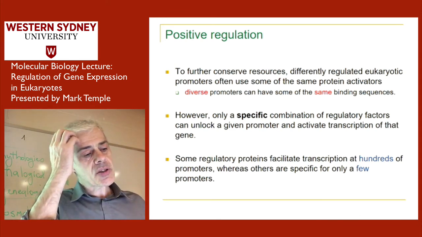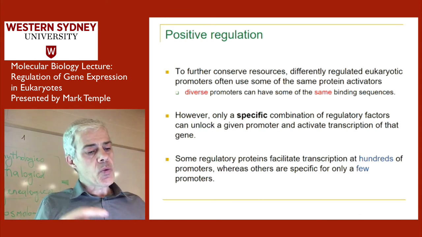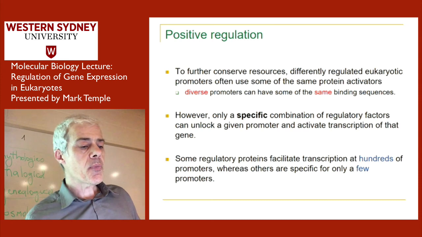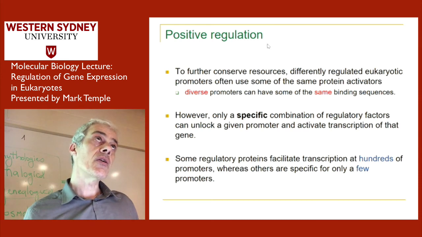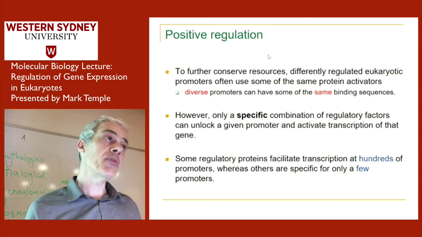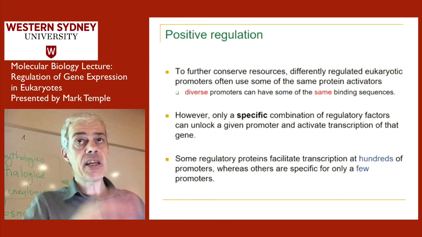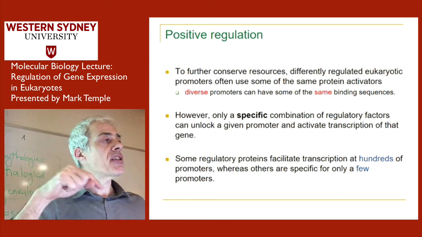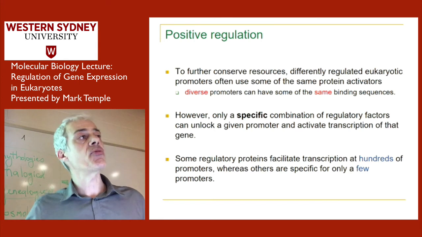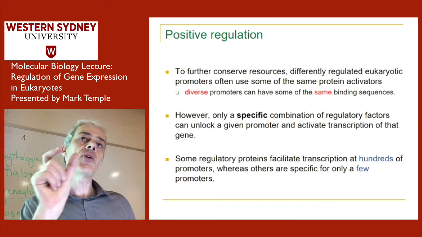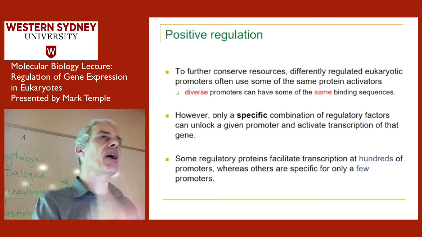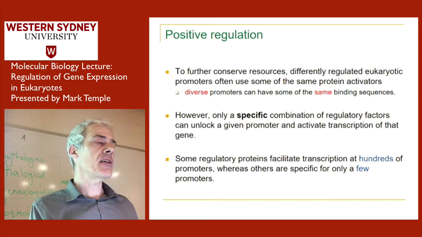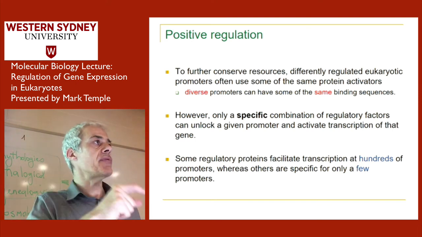In eukaryotes, you'll typically notice that there are common transcription factors between different genes. So many different genes have the same transcription factor binding sites, but they've got very different expression profiles. So it's not the fact that it's got a binding site for a particular transcription factor, it's the combination of transcription factors.